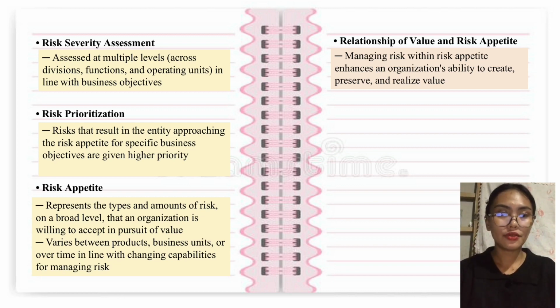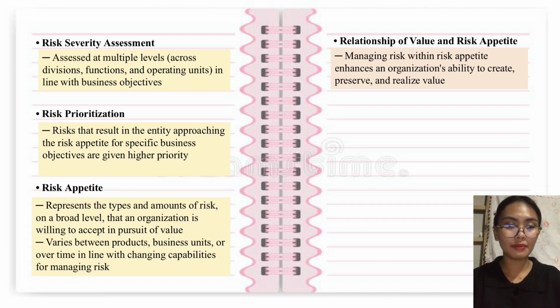Next is risk appetite. This represents the types and amounts of risk, on a broad level, that an organization is willing to accept to preserve value. It varies between product lines and business units and over time, in line with changing capabilities for managing risk. So risk appetite is the readiness to accept risk at a wide level while adapting to changing business situations.